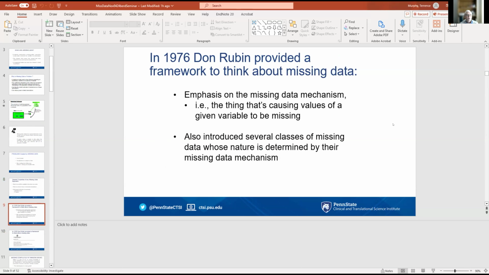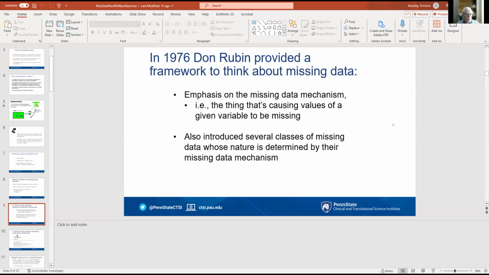Way back in 1976, Don Rubin, who was then working, I think, for the Educational Testing Services, the folks who administer the SAT, provided a framework to think about missing data. The key to this framework is to think about what is the missing data mechanism. The missing data mechanism is simply what is the thing that's causing a variable to be missing a certain value.